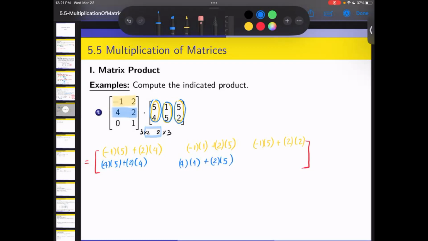Second row, third column. 4 times 5 plus 2 times 2. You know that you can end up with a 3 by 3 matrix, right?